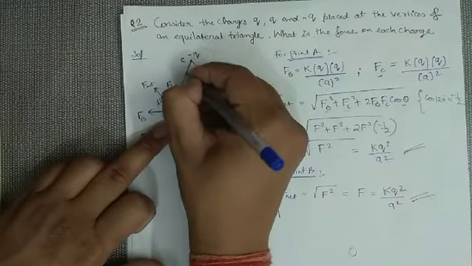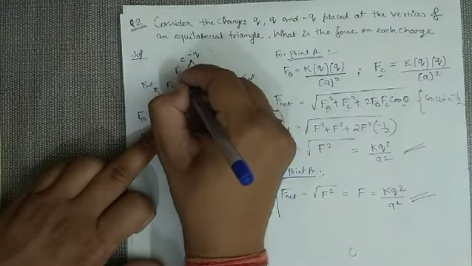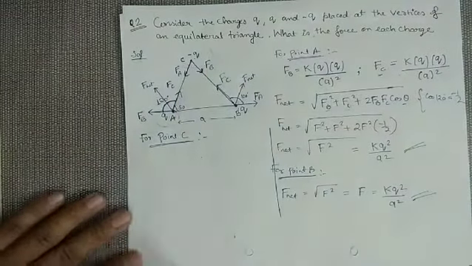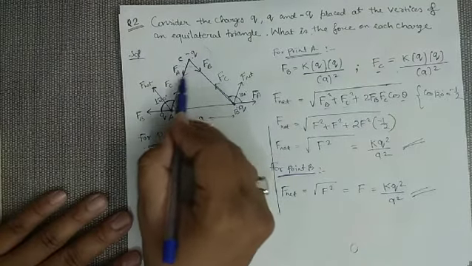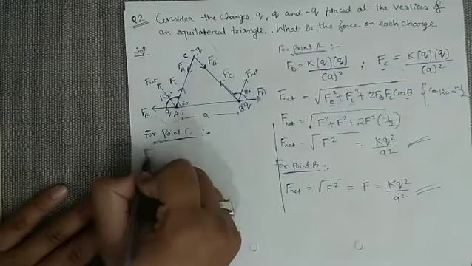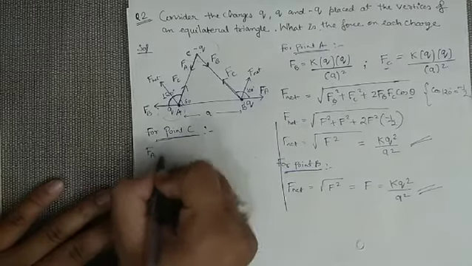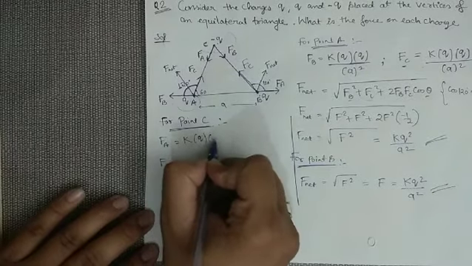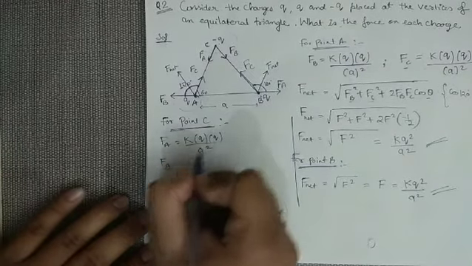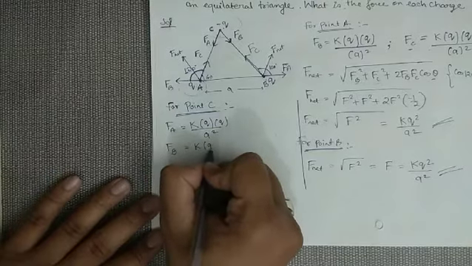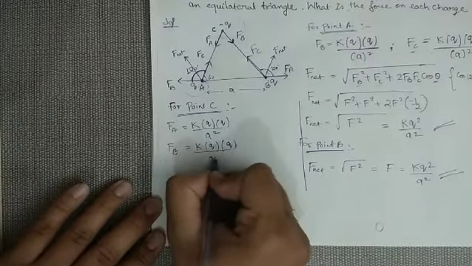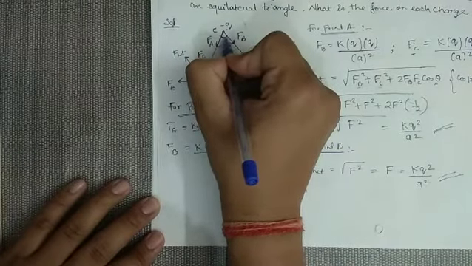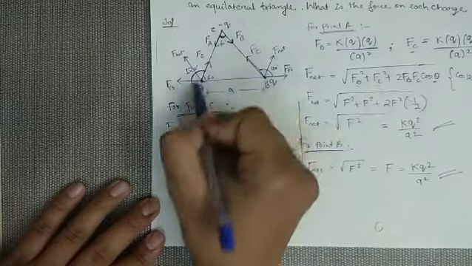So A is going to attract C, force applied by A, and B is also going to attract C, force applied by B. These two forces are acting on C. So according to Coulomb's law, this is again K first charge second charge upon square of distance, and B is also the same. But this time the angle between these two forces is 60 degrees because it is an equilateral triangle.